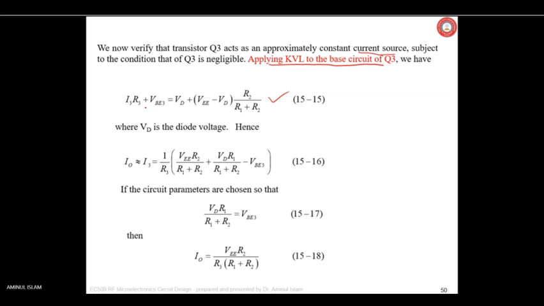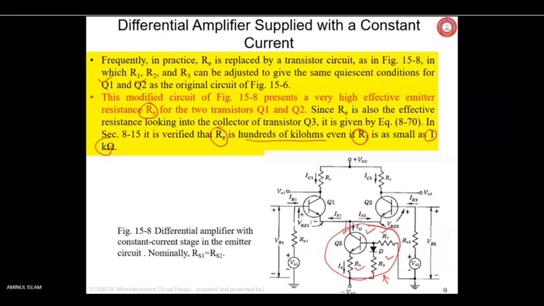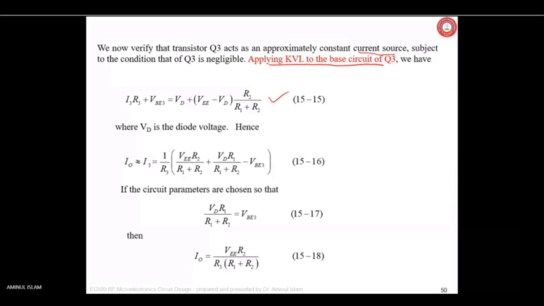I3 R3, the voltage across R3, plus VBE3, the base to emitter voltage, this voltage across these two nodes equals VD, the voltage across the diode, plus (VEE minus VD) times R2 by (R1 plus R2).